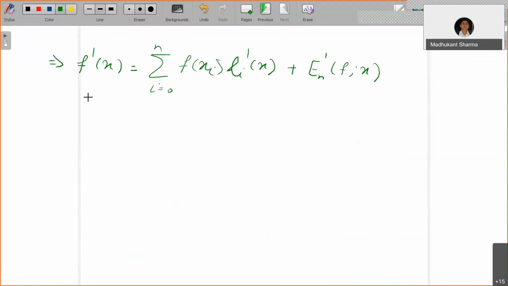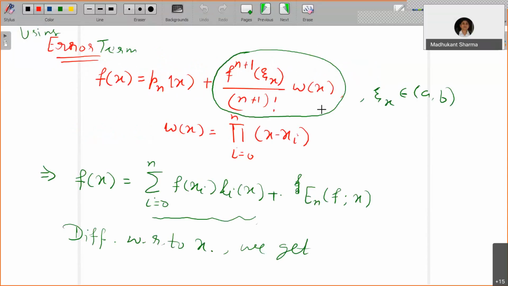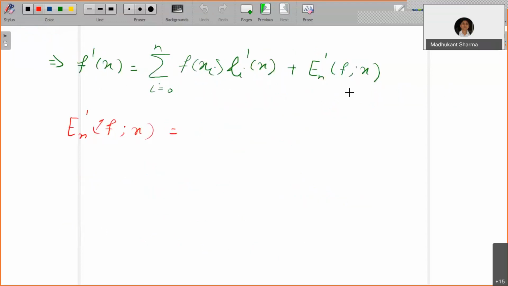What is En dash f x? It can be evaluated. You have to differentiate this term using the product rule, because ξ(x) depends on x. So it is implicit differentiation, because you are taking the total derivative.